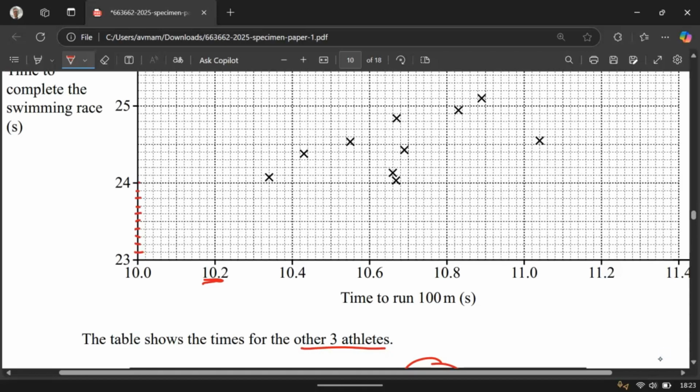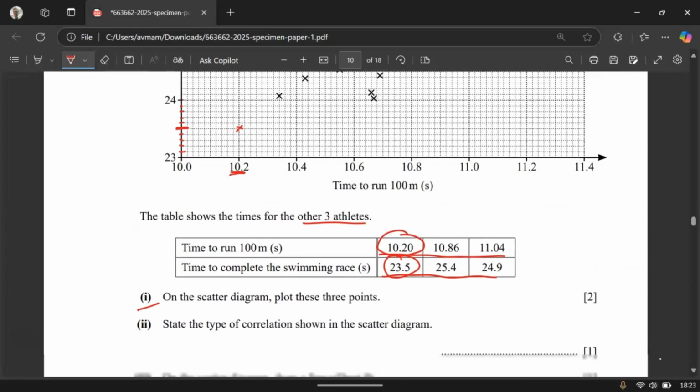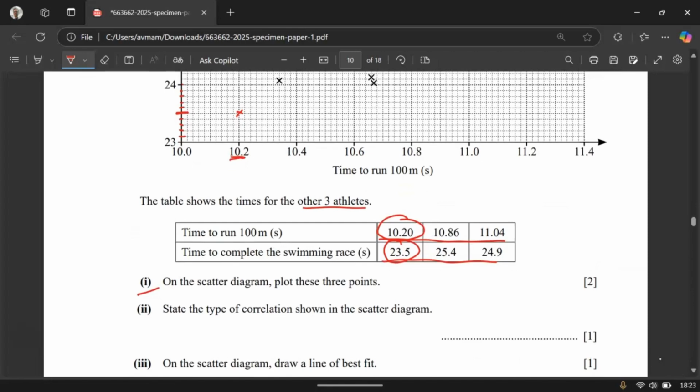So 23.5 would be here. Okay. So 10.2 and 23.5 will meet over here. Zoom out. The second one is 10.86 and 25.4.